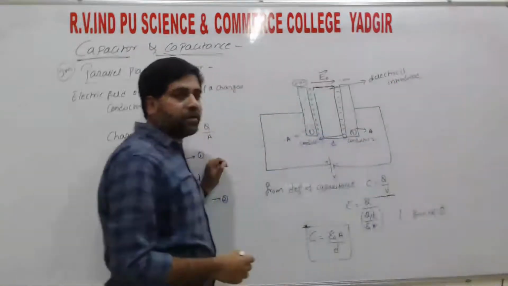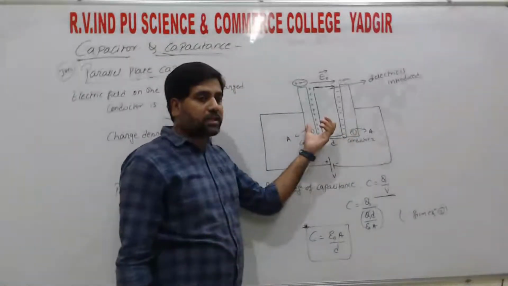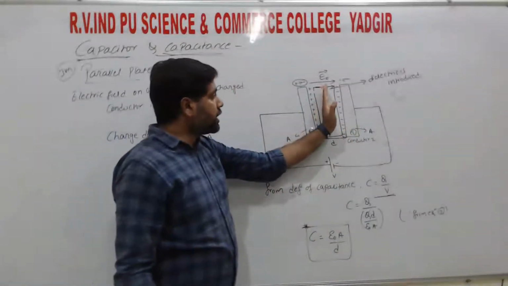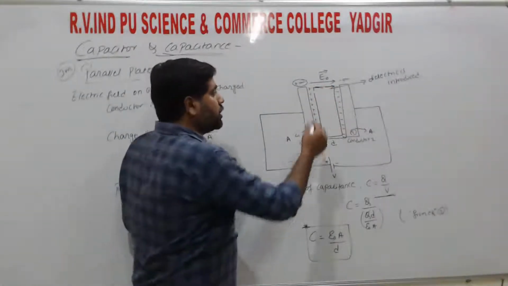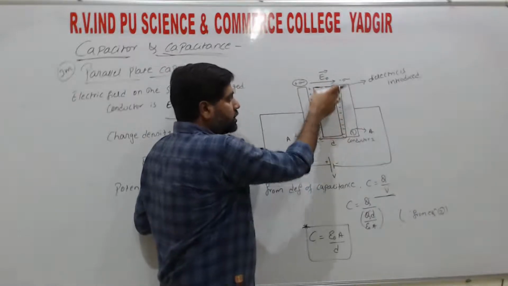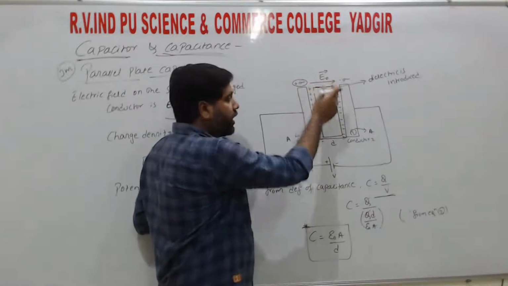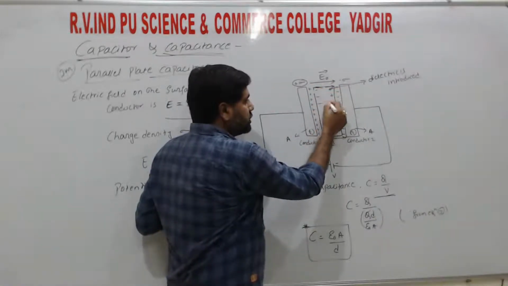In the last class we discussed that dielectrics contain polar or non-polar molecules. When it is inserted between the conductors, in the electric field, there is a linear arrangement of the charges.